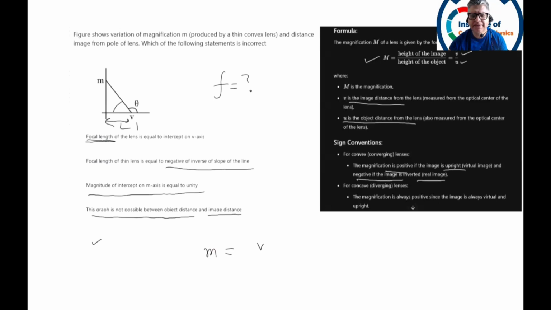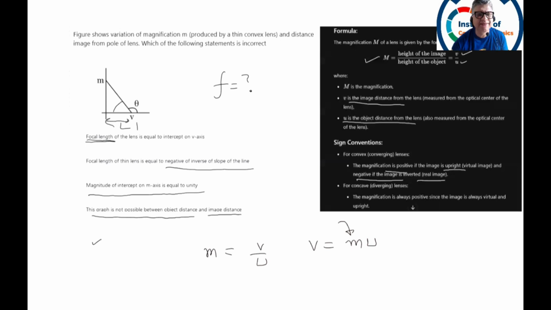So this means V is equal to MU, right? So there is a lens with some magnification. And what we are doing with this lens is changing the value of V as per the question.